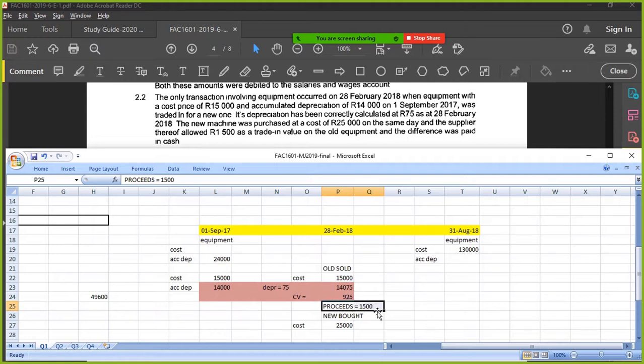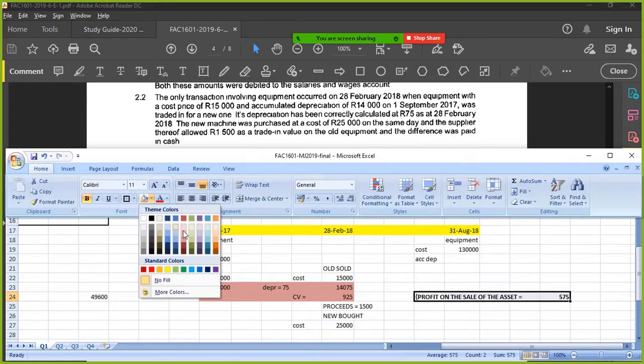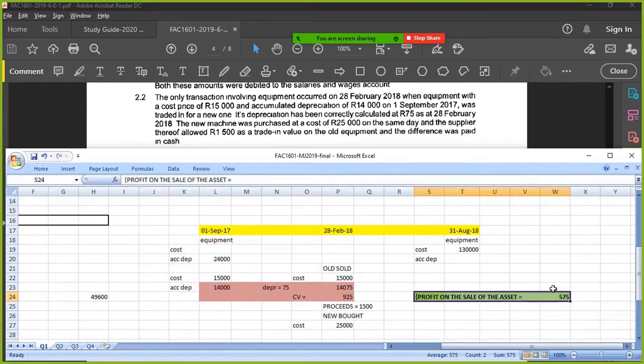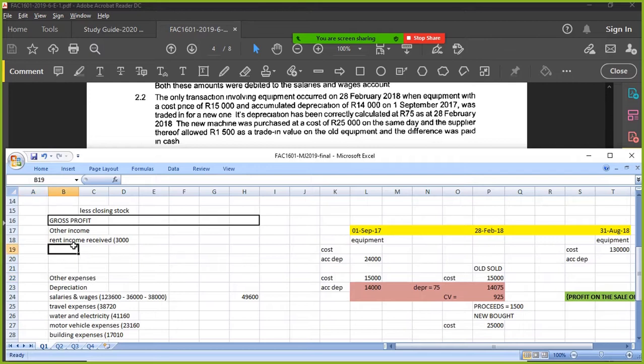The proceeds were 1.5. Profit on the sale of the asset equals, how much did you get? 1.5. How much is it worth? 925. Profit on sale of the asset is income. This needs to be disclosed. 575, profit on sale of the equipment.